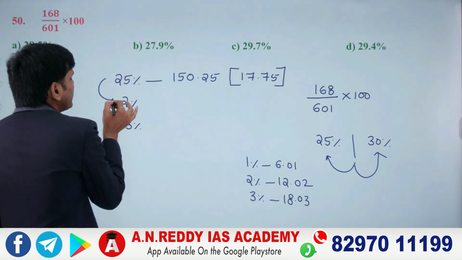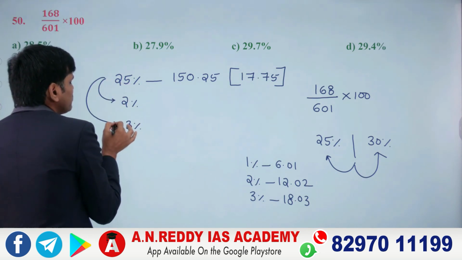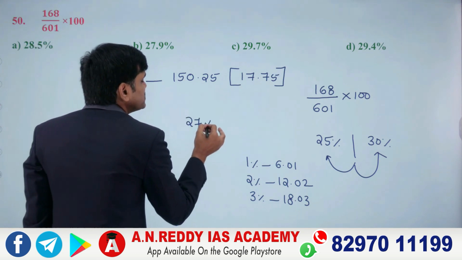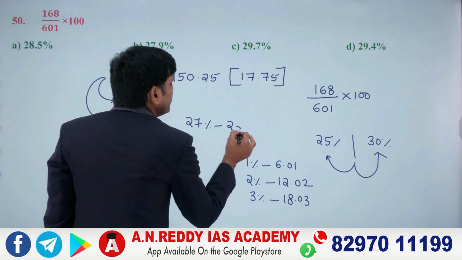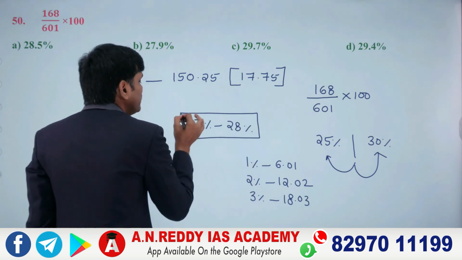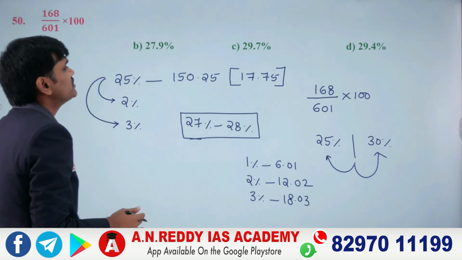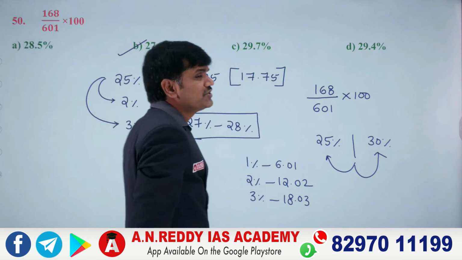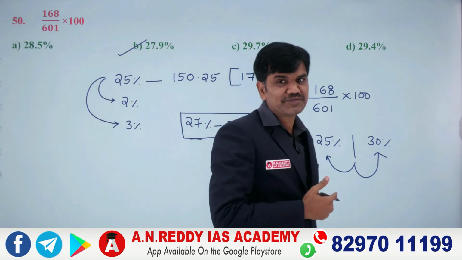So for 25 I can add 2%, definitely, but I cannot add 3%, means my answer has to be in the range of 27% to 28%. Look at the options which are between 27 and 28. There is only one option, that should be our answer.